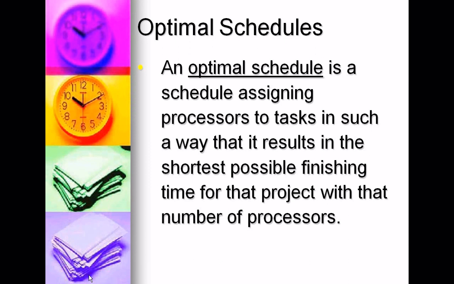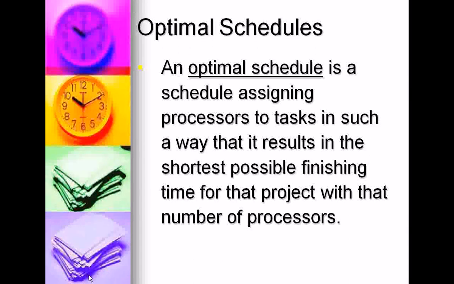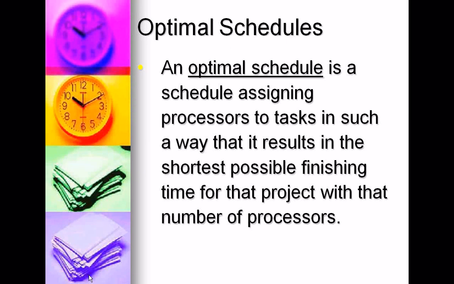However, if the completion time of the entire project is greater than the critical time, it may be optimal for the number of processors that you're using. You're not sure if it is or not because you won't know unless you try every possibility.